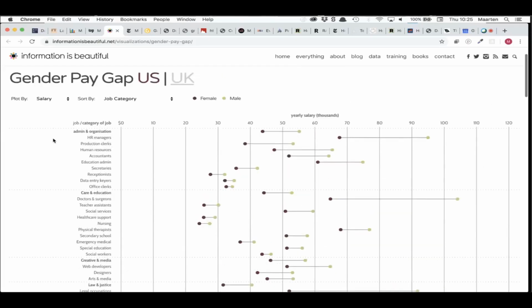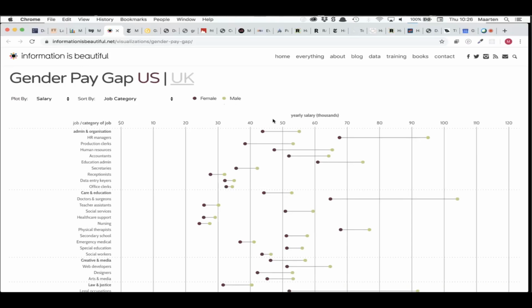This is a visualization showing the difference in pay between men and women for different categories of jobs. You have one value for female, those are the purple dots, and one value for male, those are the light green dots. But in this visualization, the individual values for men and women are not what is important. What is important is the gap.